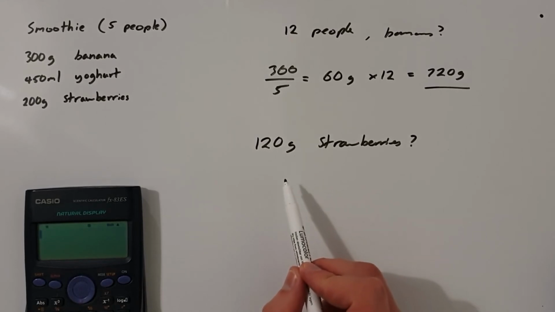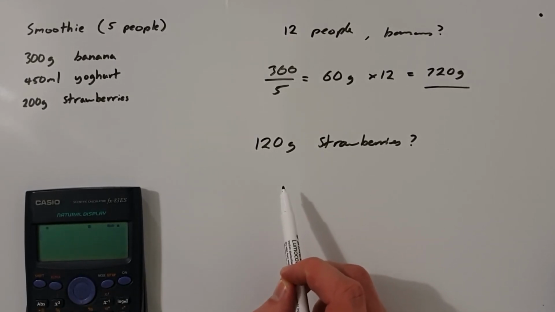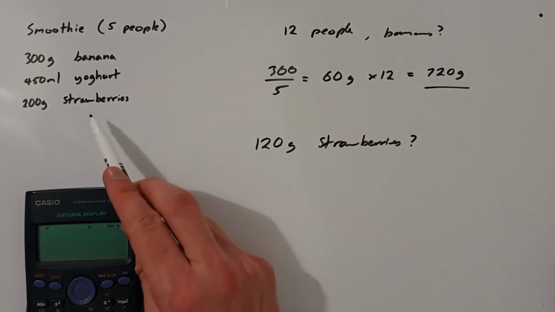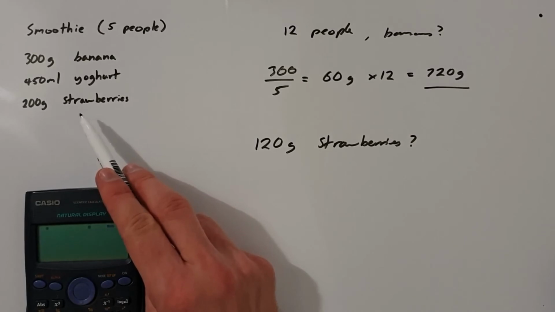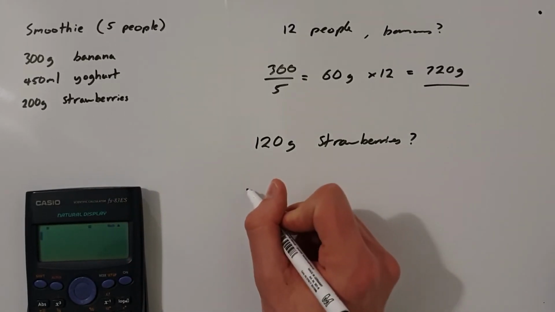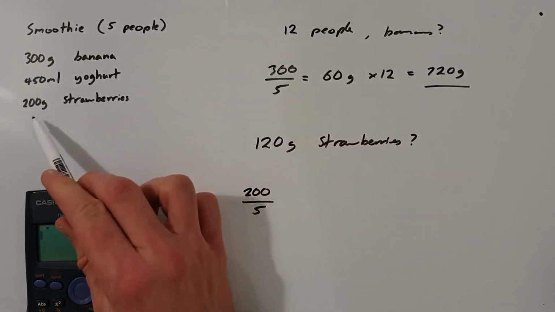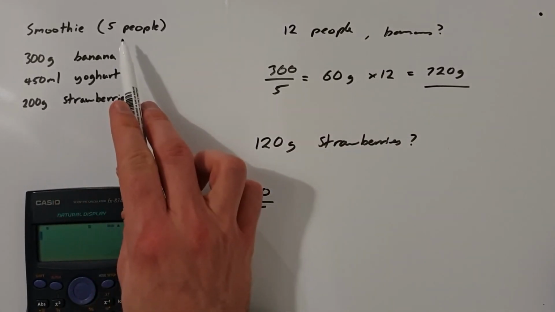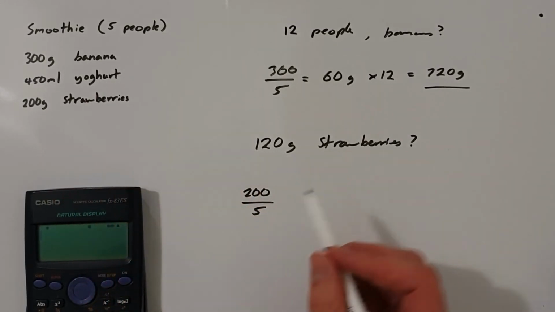Again, we will do the exact same thing. We work out how much is for one person. We take our 200 and divide this by 5 because 200 grams of strawberries is for 5 people.